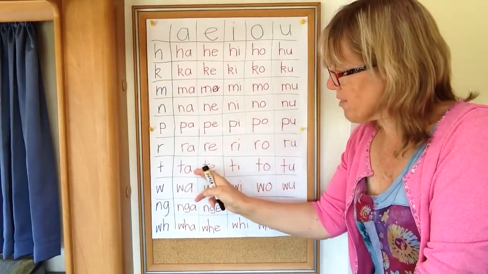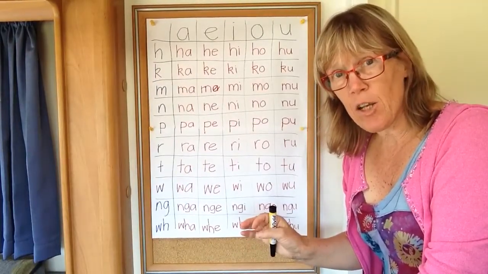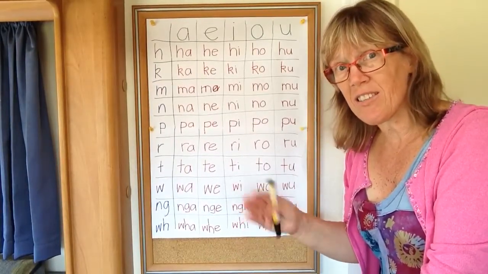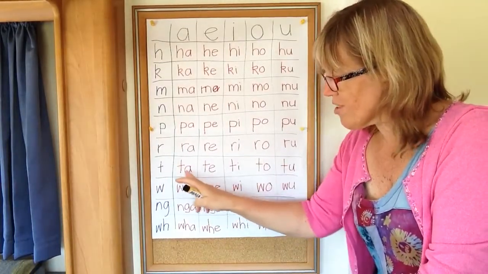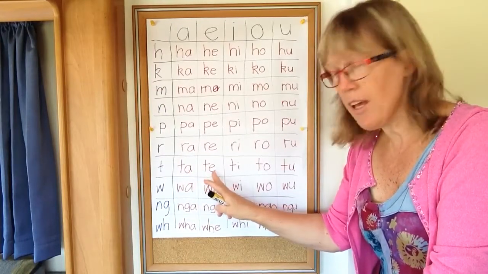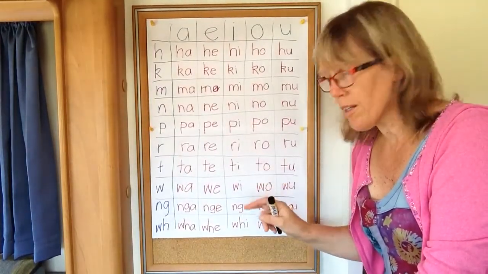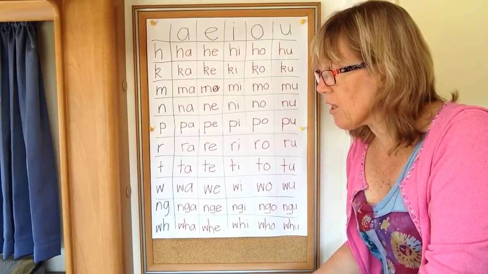So the one that I've missed out here is the T, and that's the only letter in Te Reo Māori which is a little bit inconsistent depending on what vowel follows it. So with T, this is ta, te, and to. So my tongue is ta, te, to.